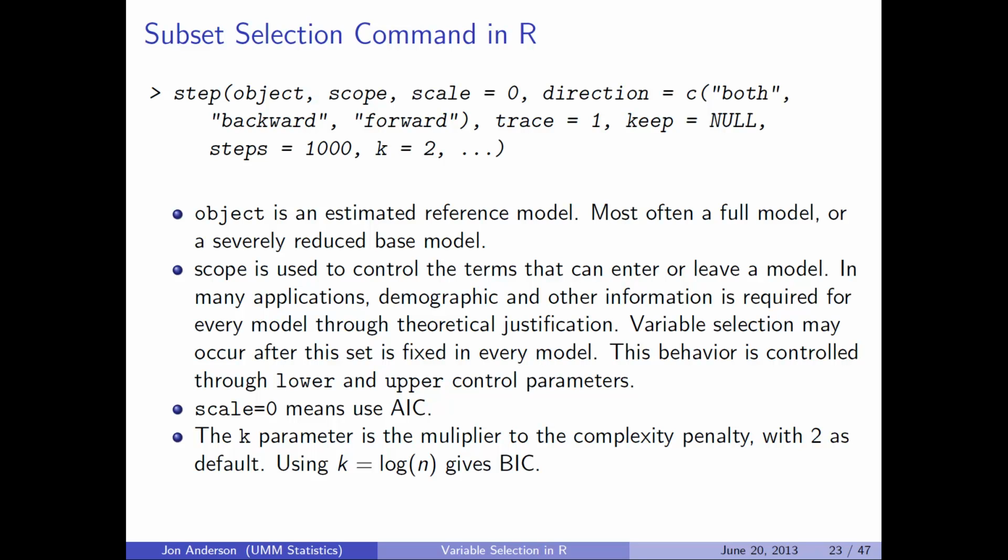And then there's the forward and backward options, and there are other options like scale equals 0 means we need to use the AIC statistic to do our choosing, and other options. You can read the R help; the step function help will tell you about the options and how to use it.